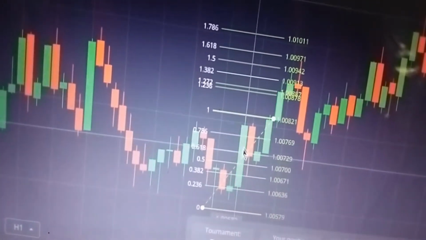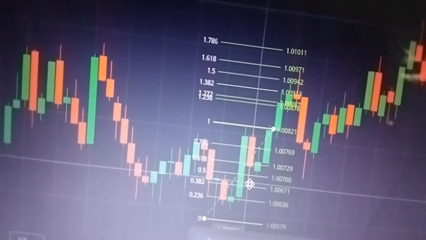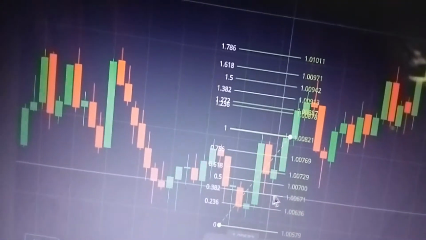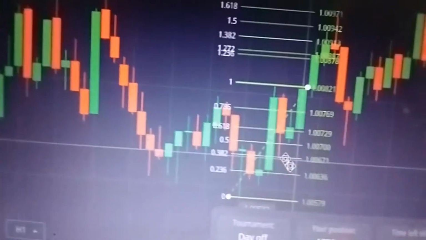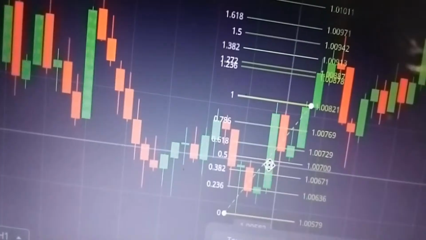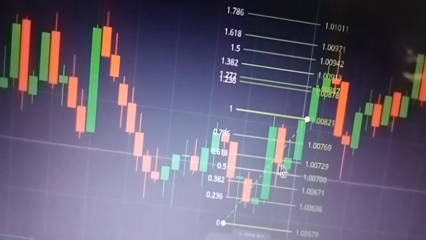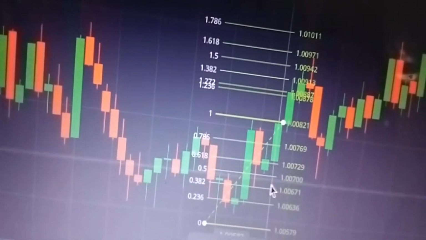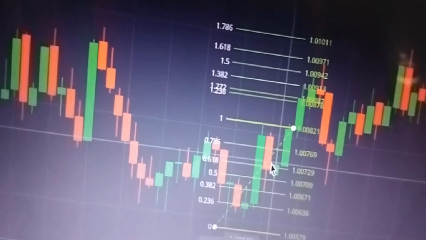Then what happened? As you can see, price dumped. Hit that optimal trade entry area. Look at the precision there. That is crazy. That's good. So right there, snap it back up.